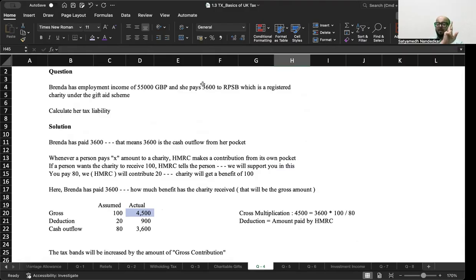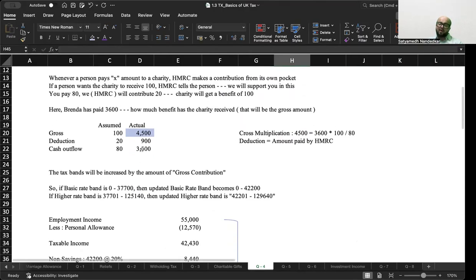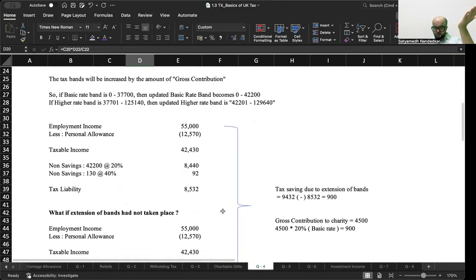This is benefit one. Benefit two is, whatever is the amount of gross contribution, increase or extend your bands by the amount of gross contribution. So 0 to 37,700 becomes 0 to 42,200, and 37,701 to 125,140 also increases by 4500.